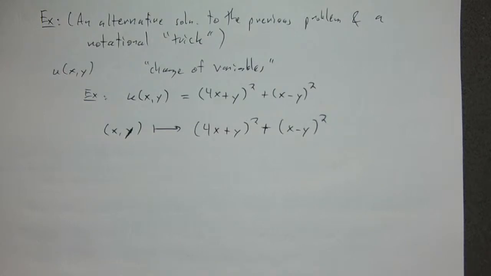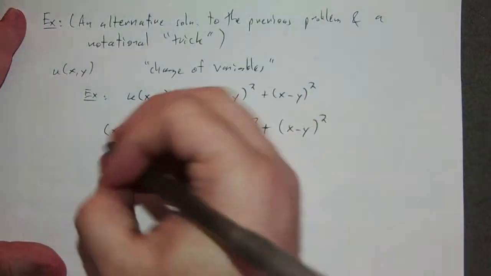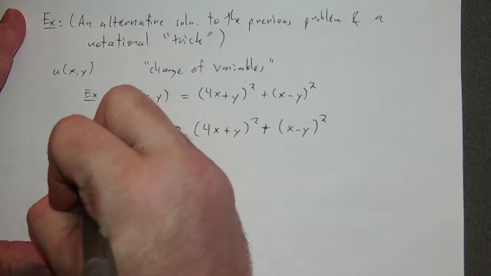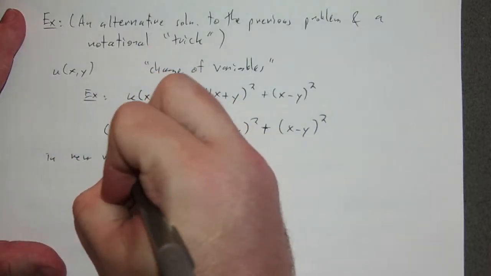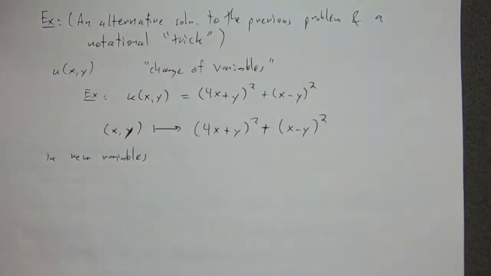Okay. So let's say that we want to describe this in new variables, which we'll call xi and eta.